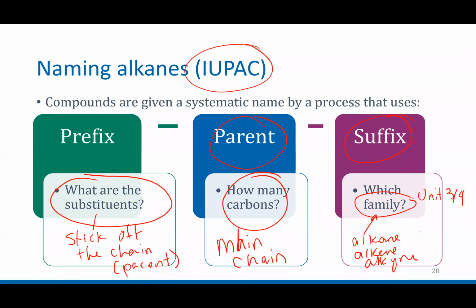So you can think of the suffix as your last name. It defines who you are, where you came from, but then you are still you. You have other names that go with it. Your first name would be like your parent name, and then the prefix would be other names. Like for me, I have a first name and a middle name.